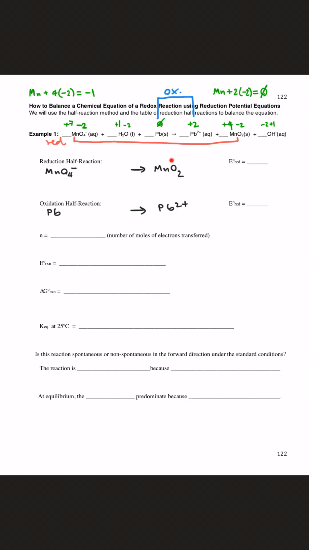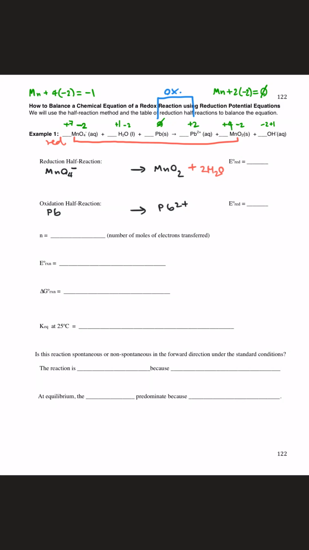In order to balance the number of oxygen, you will need to add water to make the number of oxygen equal. Therefore, you can add 2 water on this side in order to make the overall number of oxygen 4, right? So 2 from here and then 2 from here. Total would be 4, which is going to equal this.